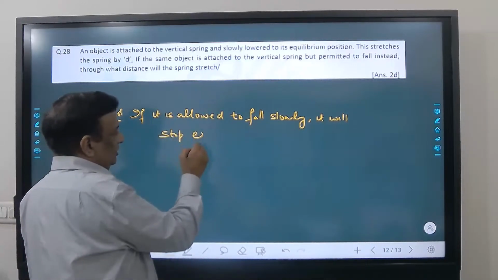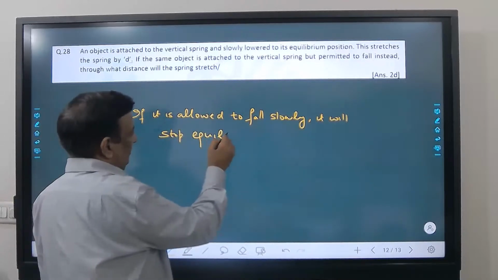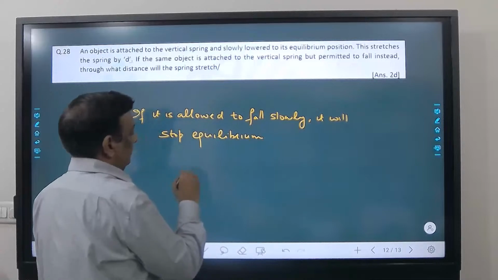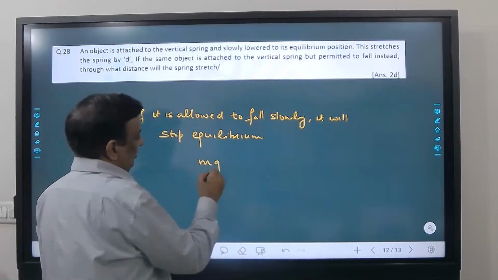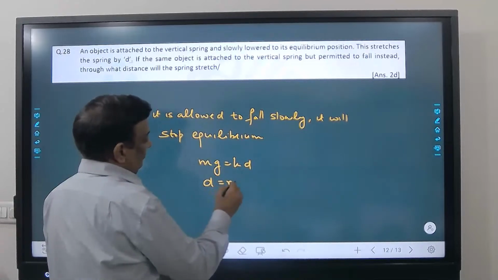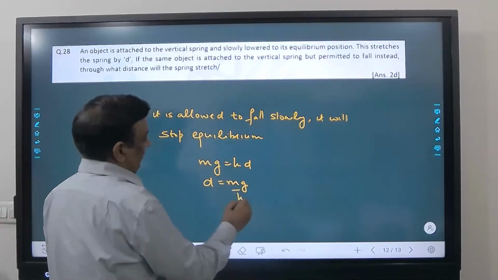And equilibrium position is where weight is balanced by the restoring force given by Hooke's law. That means mg is equals to kd, so d comes out to be mg by k.